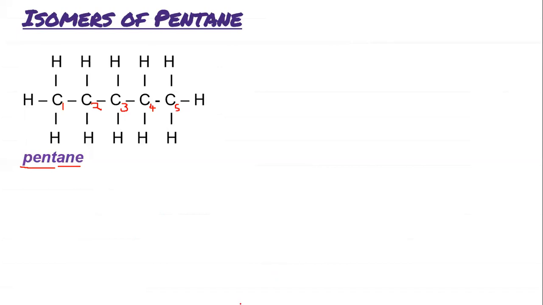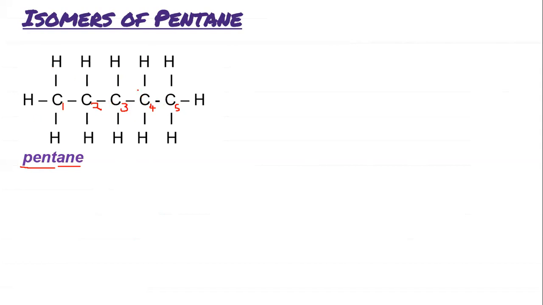Then if I want an isomer of pentane, what do you suggest I do? I would check and say, okay, here I have a straight chain alkane. Pentane is a straight chain. So what I can do is make this chain branched.